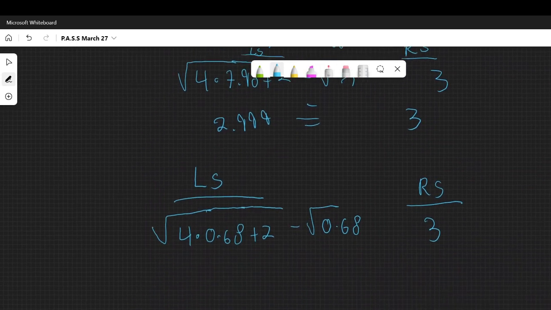So we put that into our calculator. And we get 1.35. And our right side is 3, so our left side does not equal right side, and therefore n equals 0.68 is extraneous.